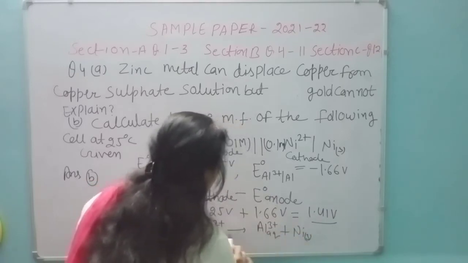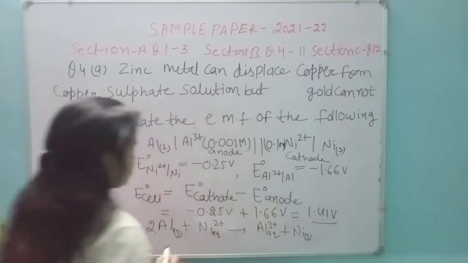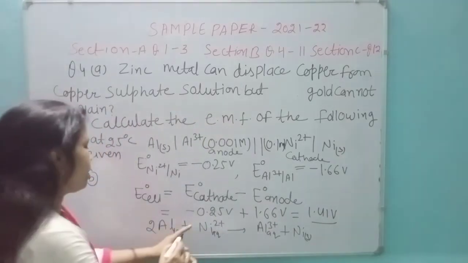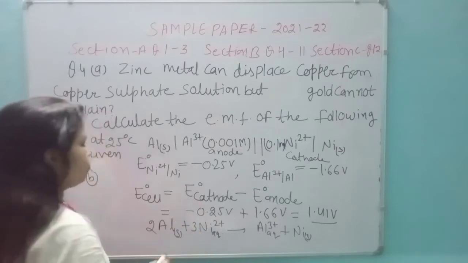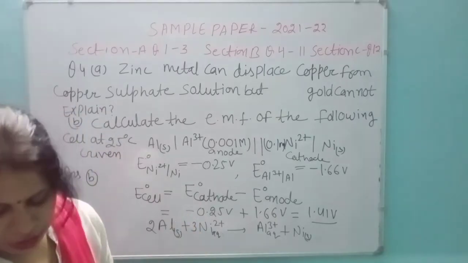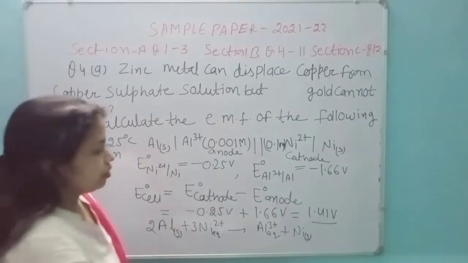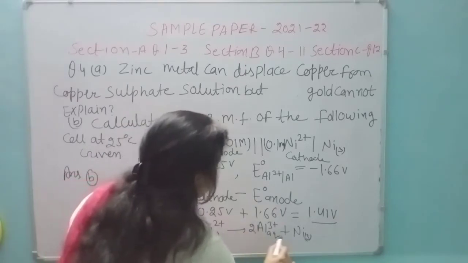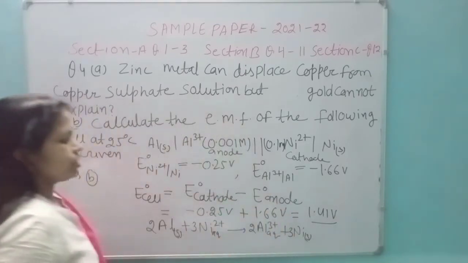This is aqueous and this is aqueous. Now balance the equation with 2 and 3. So this is the equation.